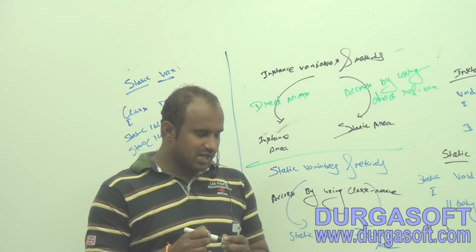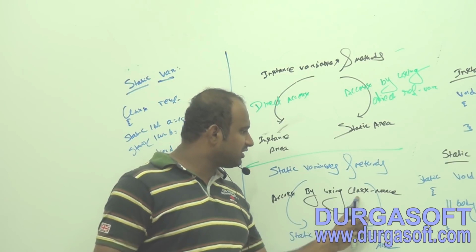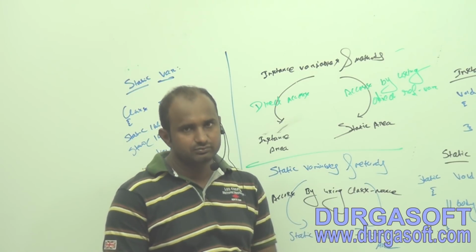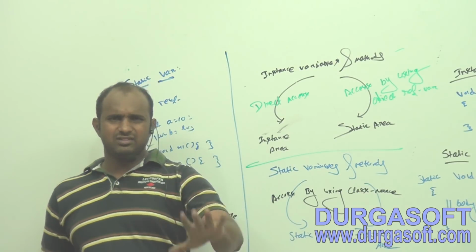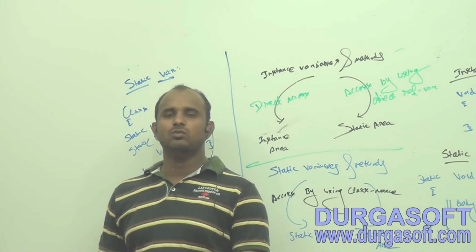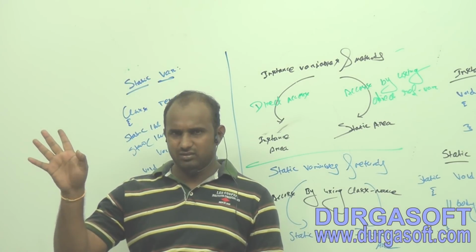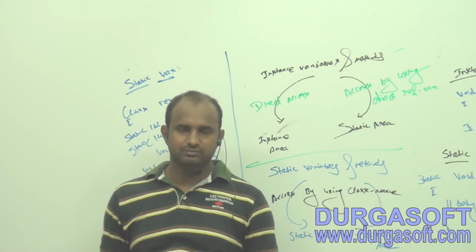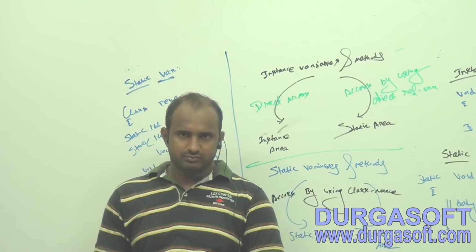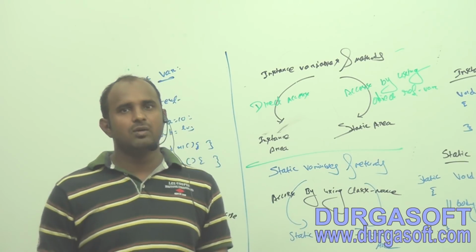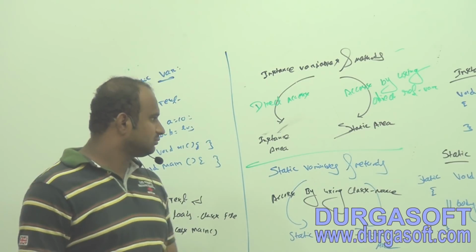We can access static variables and static methods by using the class name, enough. Always, in the entire Java project, think of one point: when we are accessing a static variable, it is obviously through the class name. So how to call static variables in Java? By using class name. So clear?